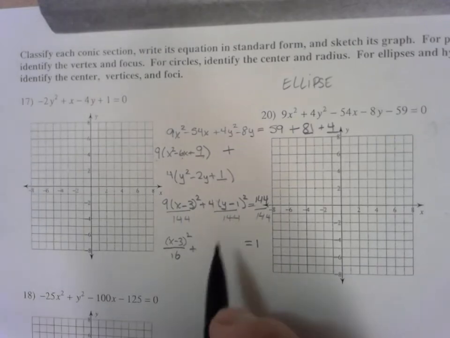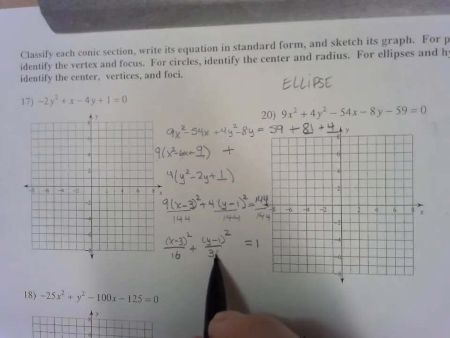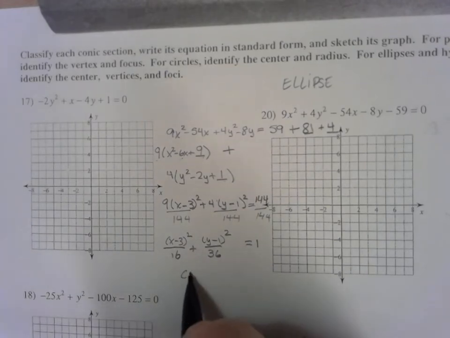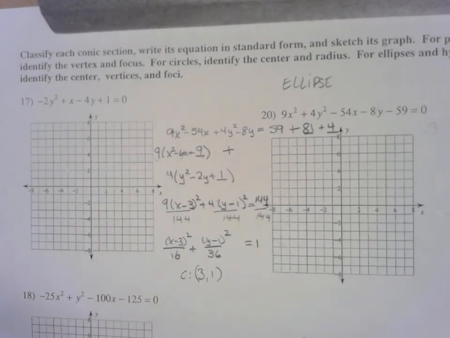And 4 goes into 144 36 times. This is our standard form equation for an ellipse. The center of the ellipse is positive 3 and positive 1. And there you have it.